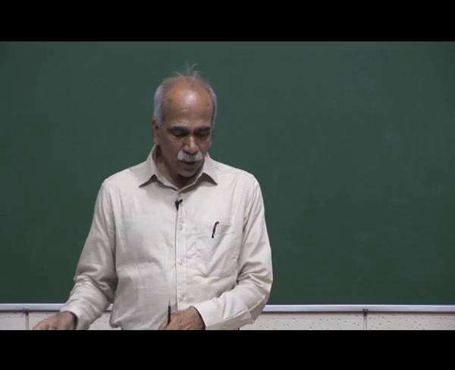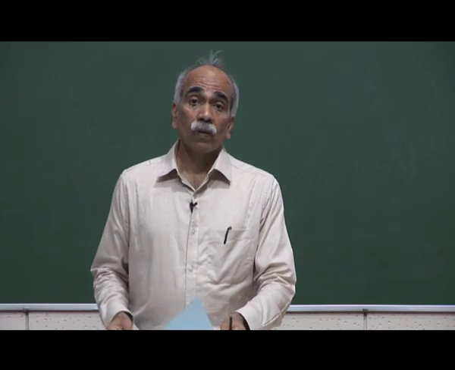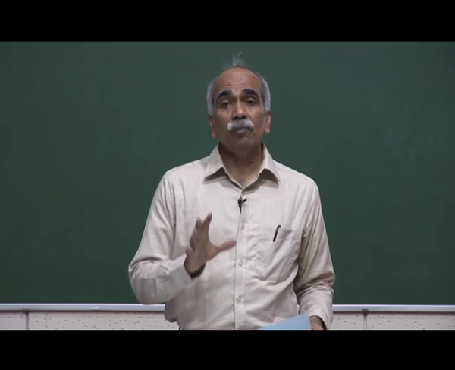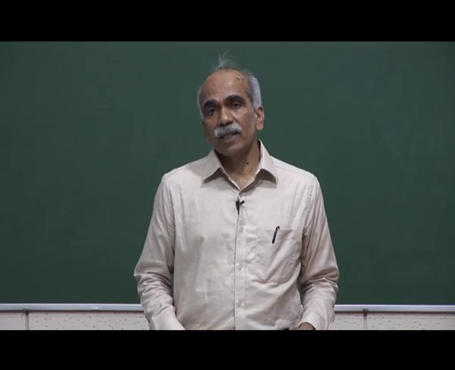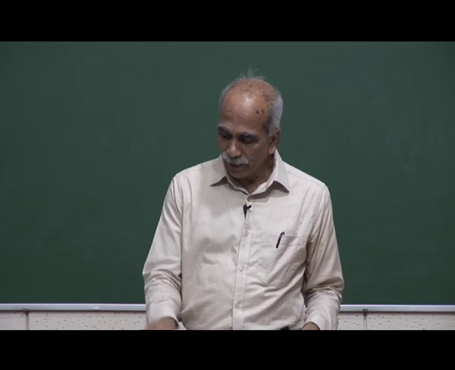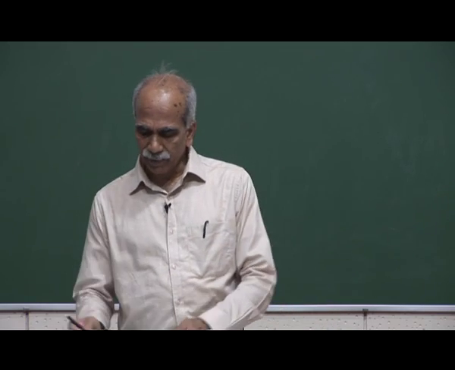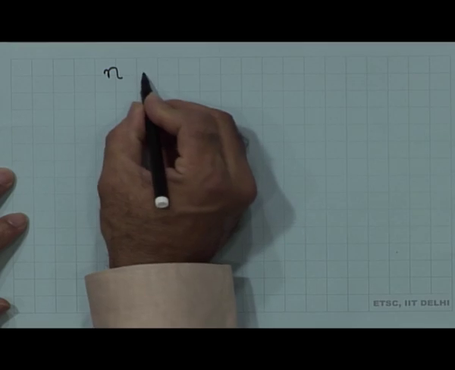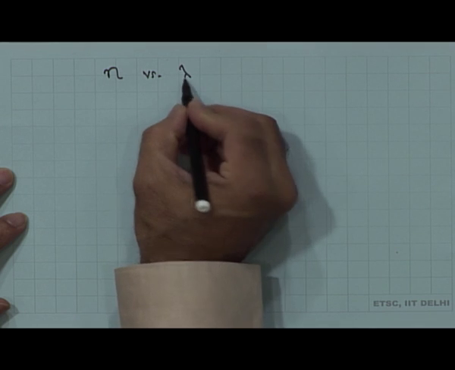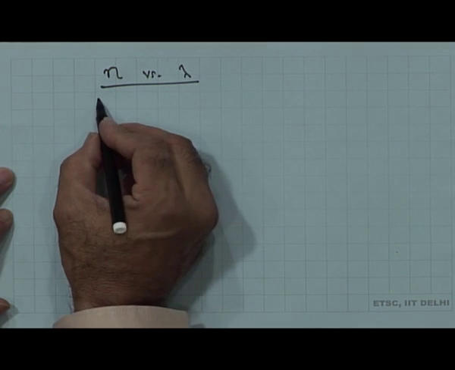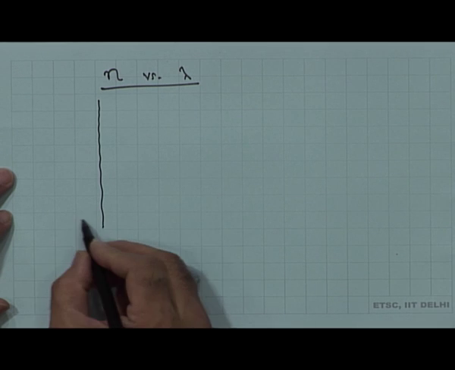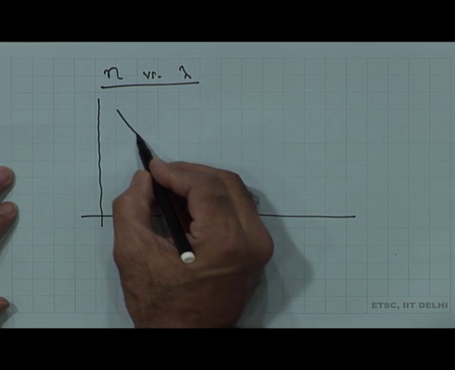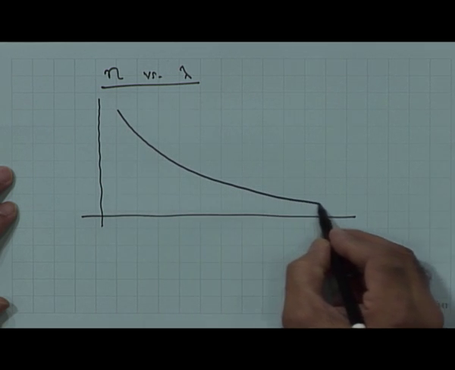Now, the variation of refractive index of a material follows approximately a 1 by lambda square dependence. If I were to plot n versus lambda, for most materials the refractive index varies like this, it is continuously dropping down.